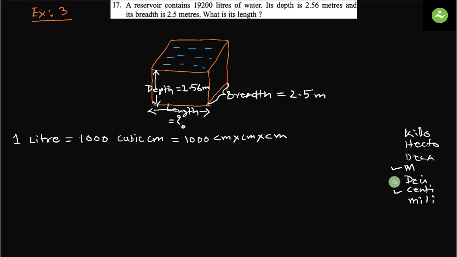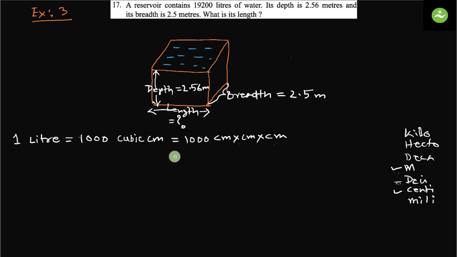Each step you go up, you divide by 10. Each step you come down, you multiply by 10. Because these are heavier units, you divide by 10 each time. So when we convert centimeter to meter, we divide by 100. 10 into 10 is 100.